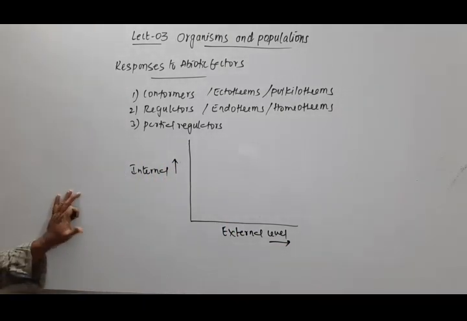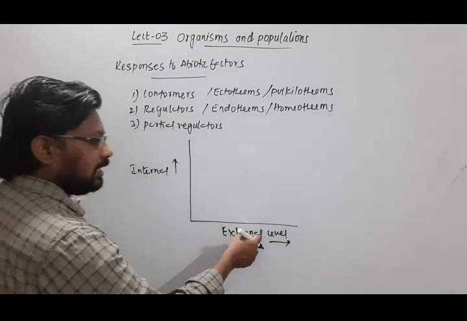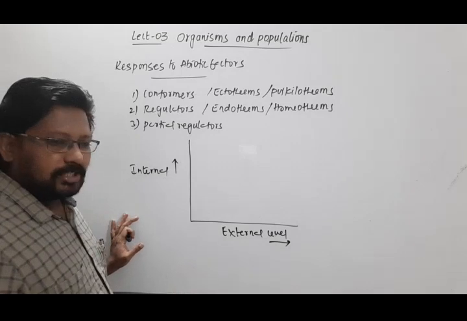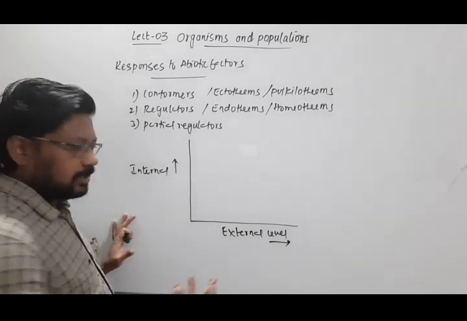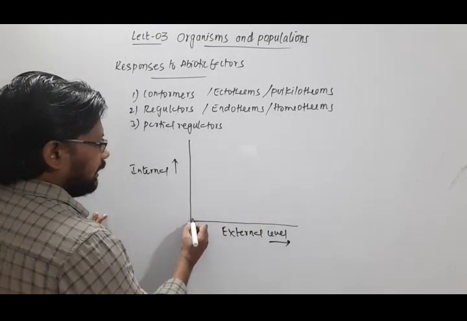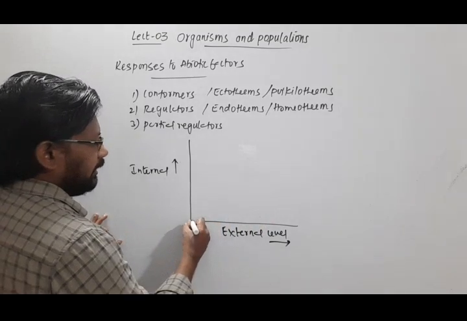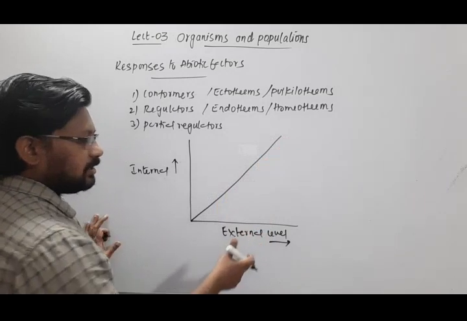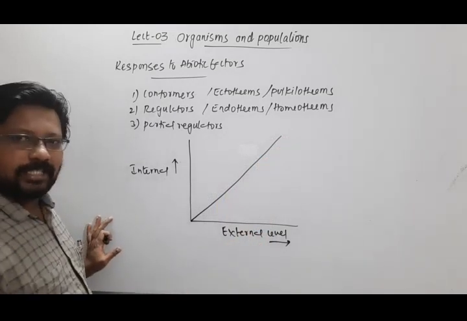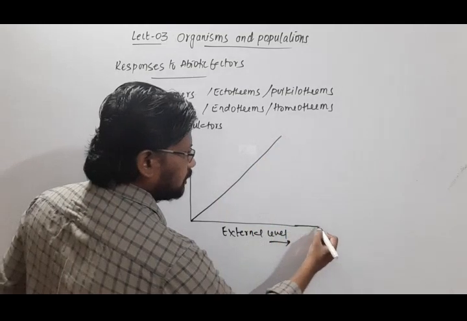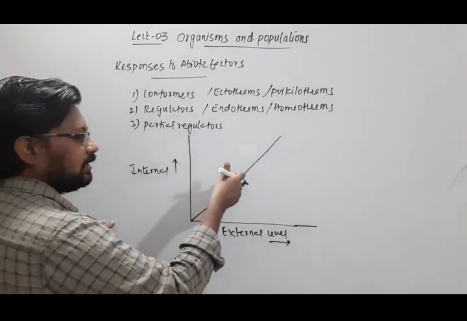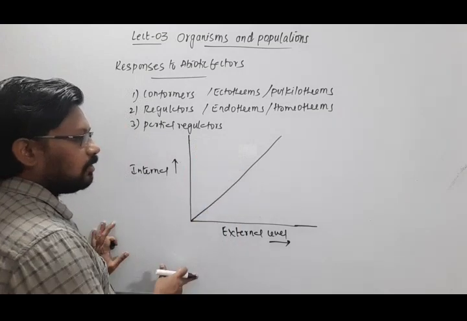In case of conformers, when there is an external level, say temperature, if the ambient temperature, meaning the temperature surrounding the organism, increases, then its body temperature also increases. So here the external factor which I have taken is temperature. If the temperature surrounding that animal increases, then the body temperature of that organism also increases.